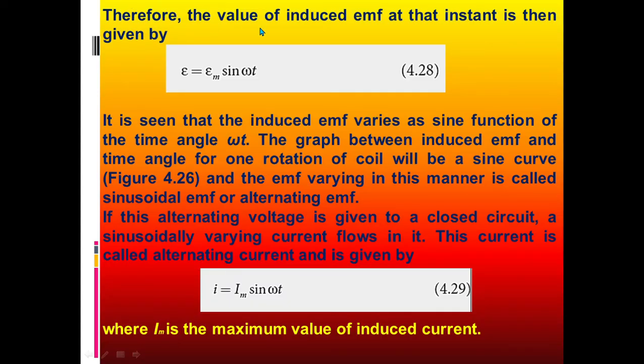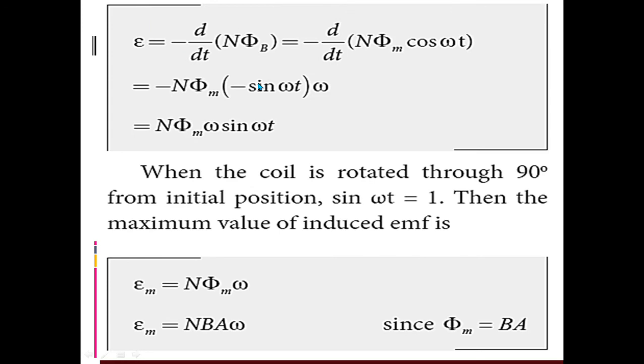Therefore the value of the induced EMF at that instant is given by ε = ε_m sin ωt, because already we know ε_m is nothing but NBAω. That is why ε = ε_m sin ωt.